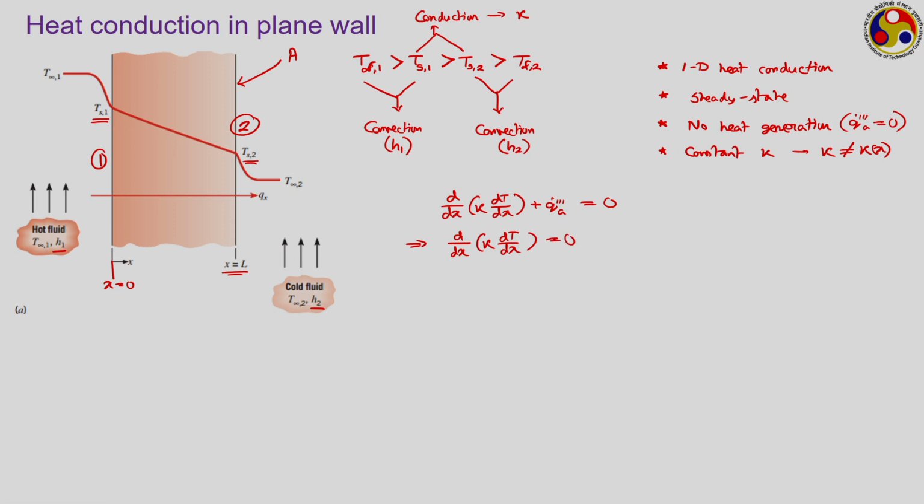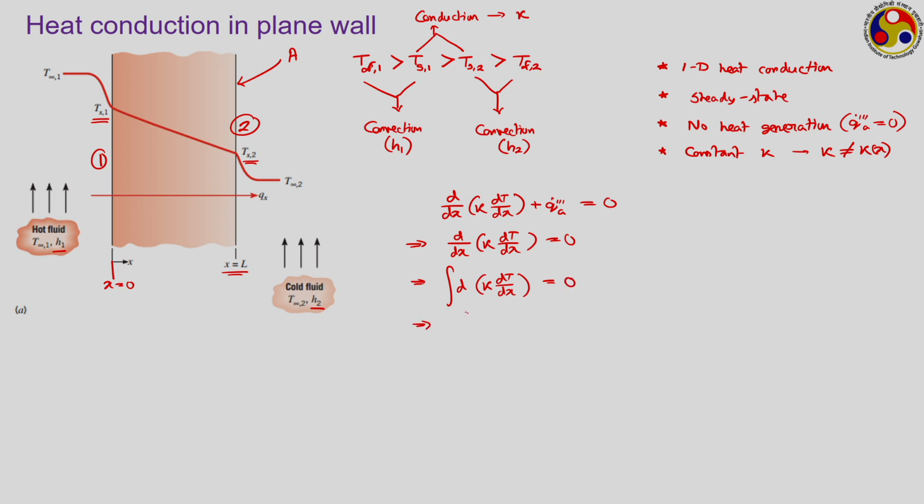So, we have to integrate this equation with respect to x to get the solution. Then what we have, integrating d of K dT dx, equal to 0.